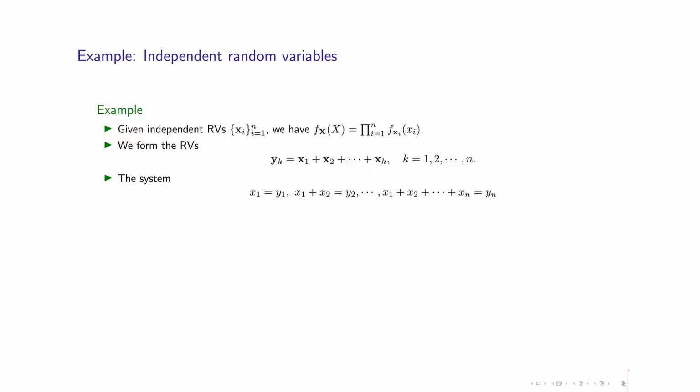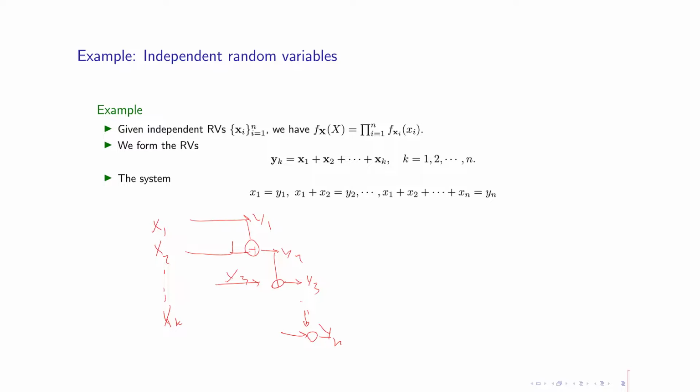So it's like you have x1, x2, up to xk, and then this is y1, then you add this one to this one and get y2, and then you add this one to x3 and get y3, etc., and yk is the summation of the previous one and the next one.